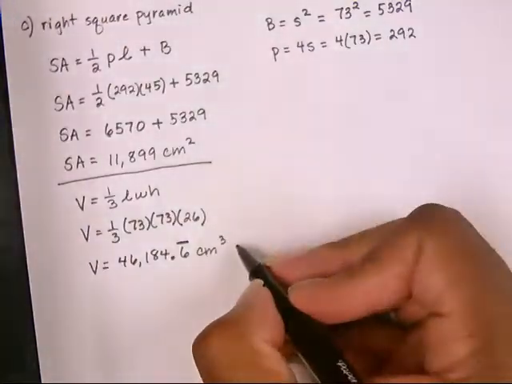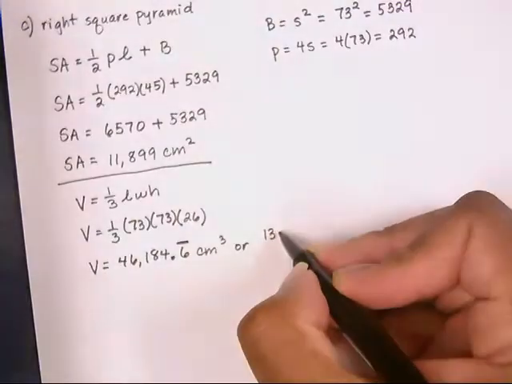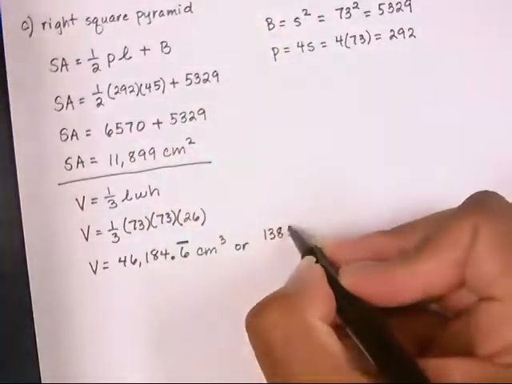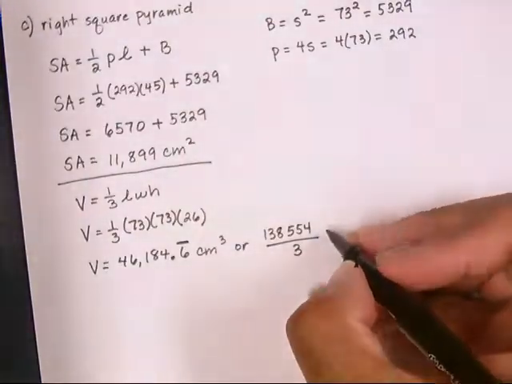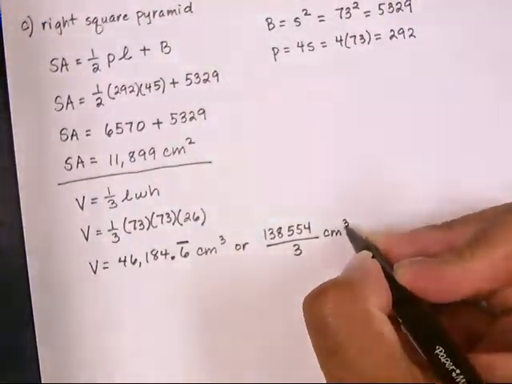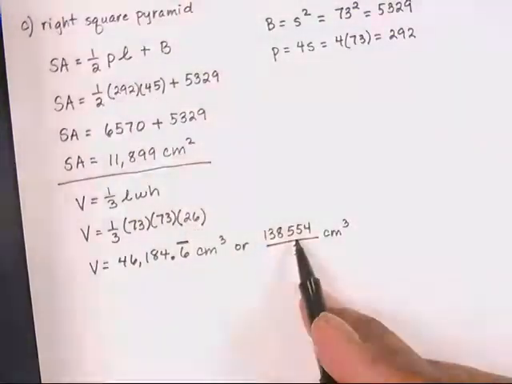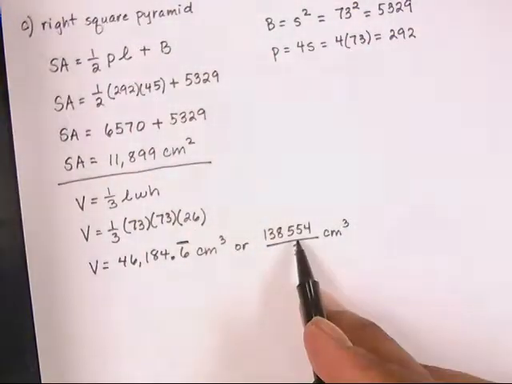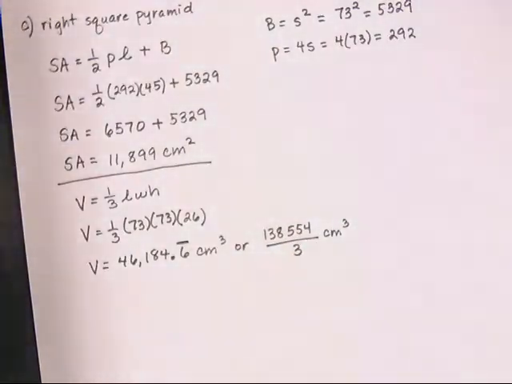That'd be cubic centimeters, or if you want to write that as a fraction, 138,554 over 3 cubic centimeters. That comes from 73 times 73 times 26. That's going to be 138,554 divided by 3. And it's in cubic centimeters since the volume is in cubic units.